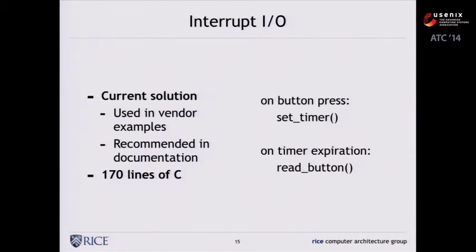The problem is what I've written here isn't complete. There's a whole lot of shared state and lock manipulation that I need to do to make this right. Just to do button debouncing, I need 170 lines of C. It took me a couple of days to get this to work on a product where I don't have a console, I don't have a debugger, all sorts of things that I'd really want to debug multi-threaded C. So this is actually really hard to get right.